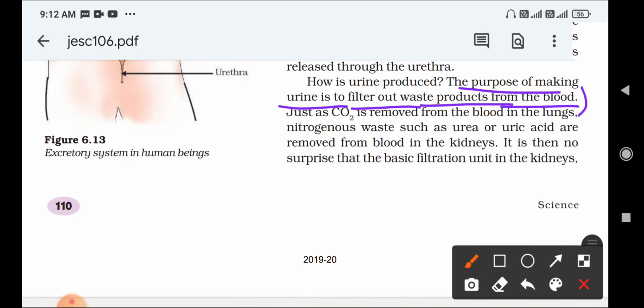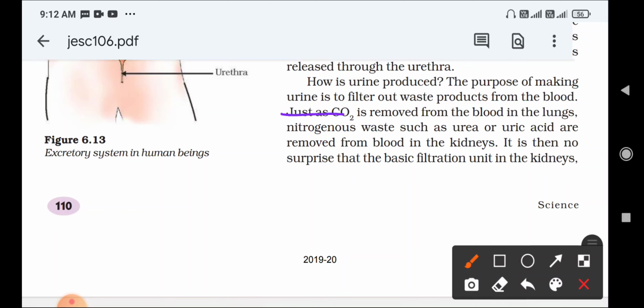This is the answer. That is why our excretory system makes urine.